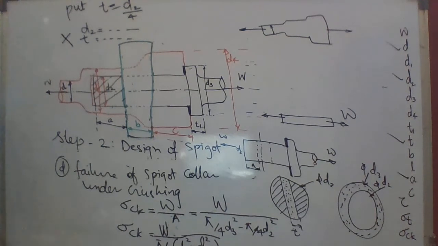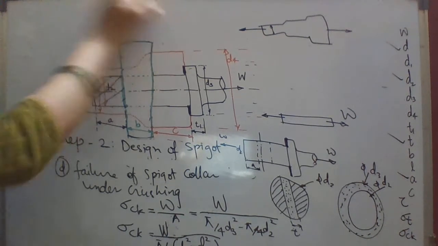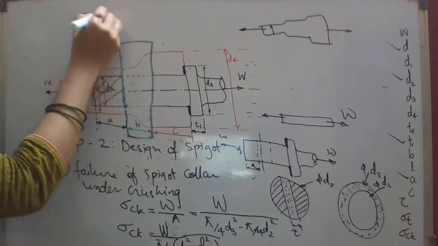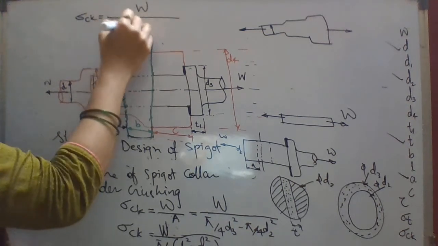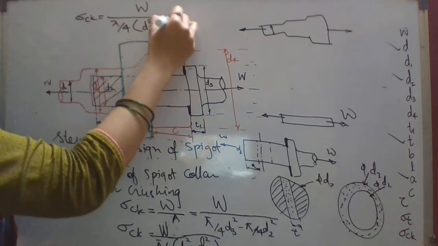Complete denominator, pi by 4 times d3 square minus d2 square. If you cannot see that step there, I will write it once again over here. So sigma Ck is equal to W upon pi by 4 times d3 square minus d2 square.